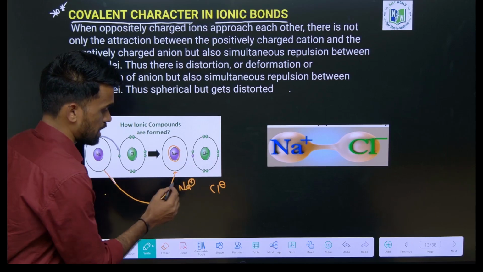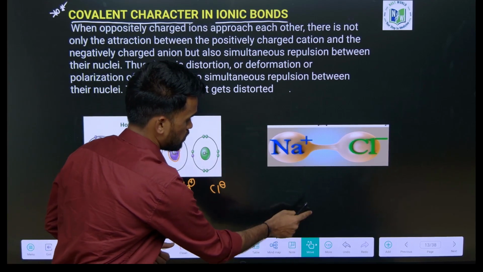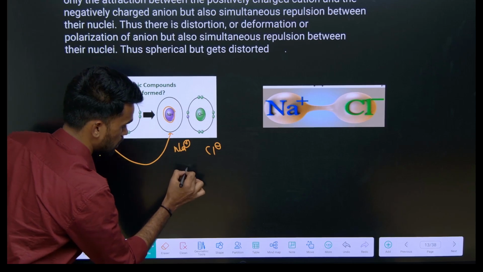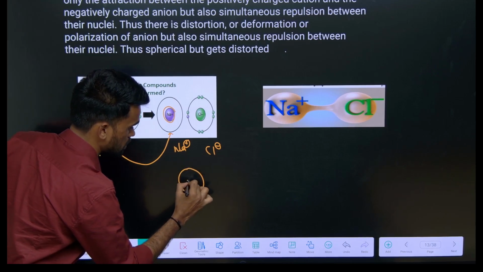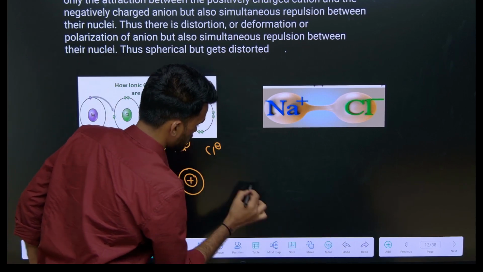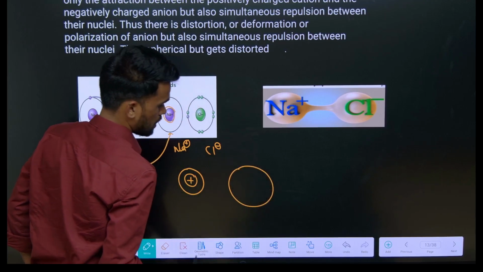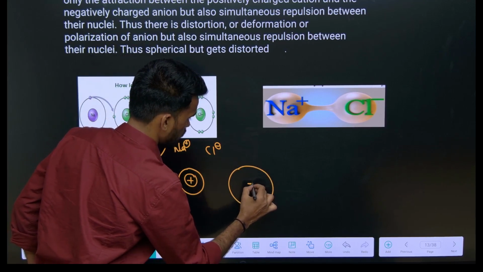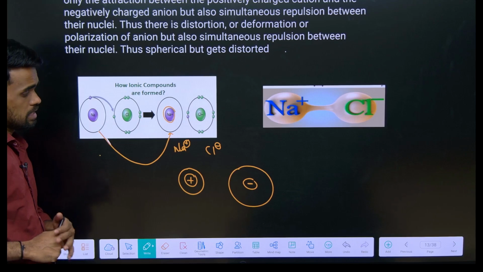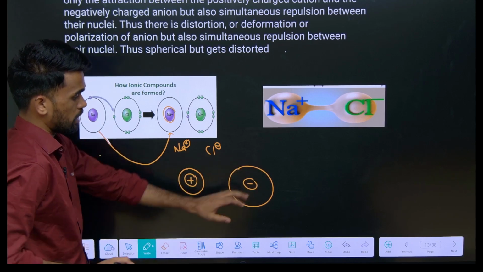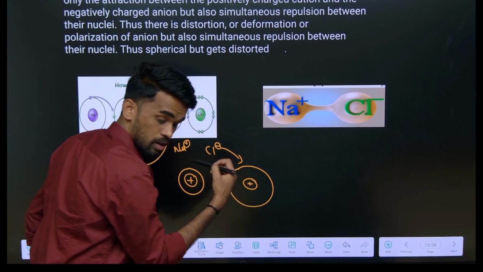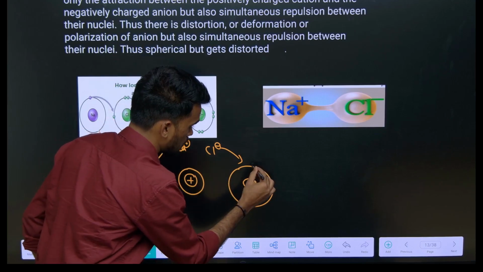Now this cation which has a positive charge, please look here very carefully. Let us consider this is a sodium atom which has a positive charge, and we have an anion with a negative charge. Here we have the chlorine ion, in the center we have the nucleus, and around it we have the electron cloud, right?